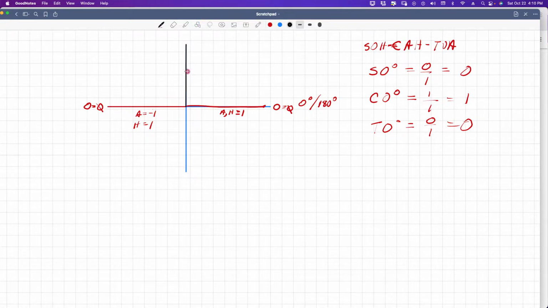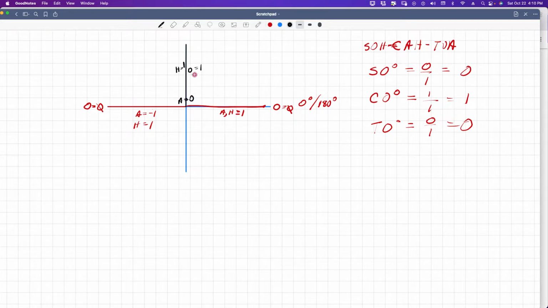So when our vector lands right on the positive y-axis, this is still the adjacent, but the adjacent now is equal to 0. And the opposite, because this is going to be the length here of the adjacent, the opposite is going to equal 1, and the hypotenuse is going to equal 1. And it's a positive 1 because it's straight up and down, right?